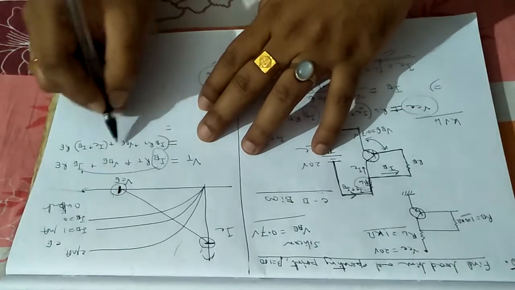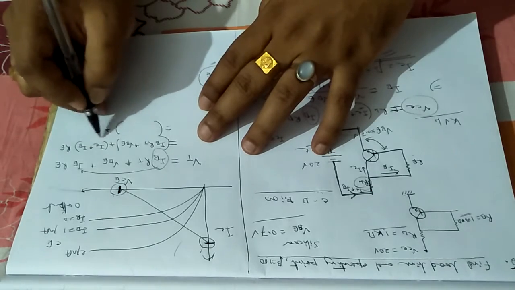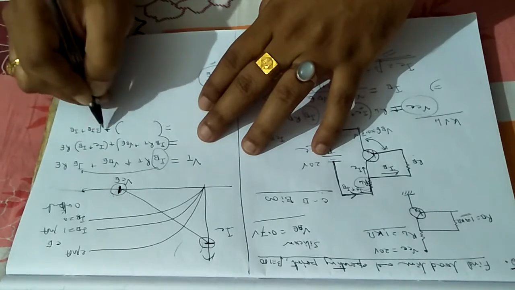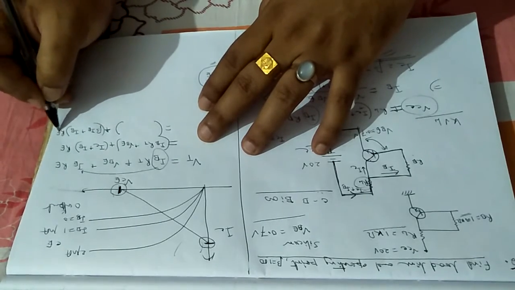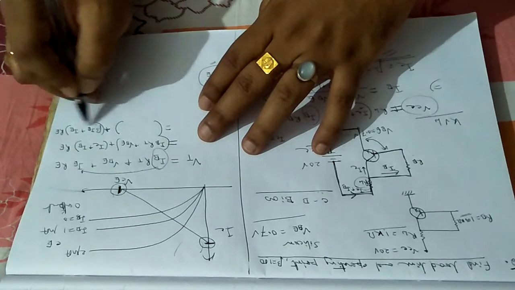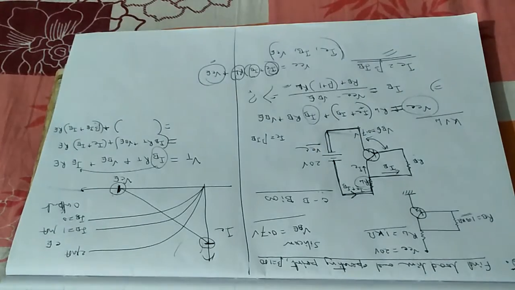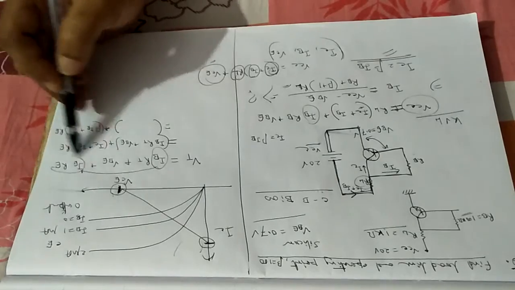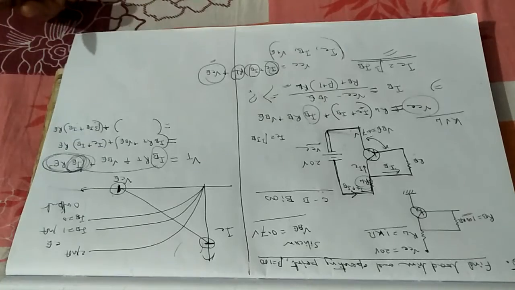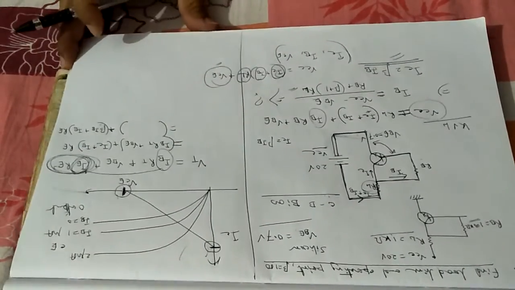Instead of this IC, you can write beta IB plus IB into RE. So this will be beta plus 1 IB into RE. Here you are getting one IB already, so you can easily calculate the value of IB. Once RE and IE are involved, you have to do a calculation a little bit more elaborate than the previous cases. Otherwise, the things are as simple as before.